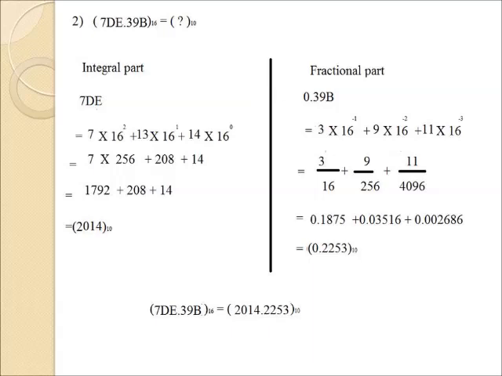Here we have to use the calculator, and here you can see the equivalent decimal for the fractional part. So we have combined the result for you. 7DE.39B is the hexadecimal number, and the equivalent decimal number is 2014.2253. Okay.